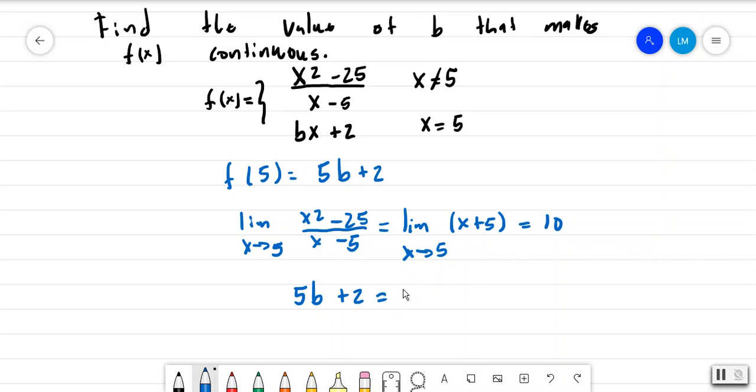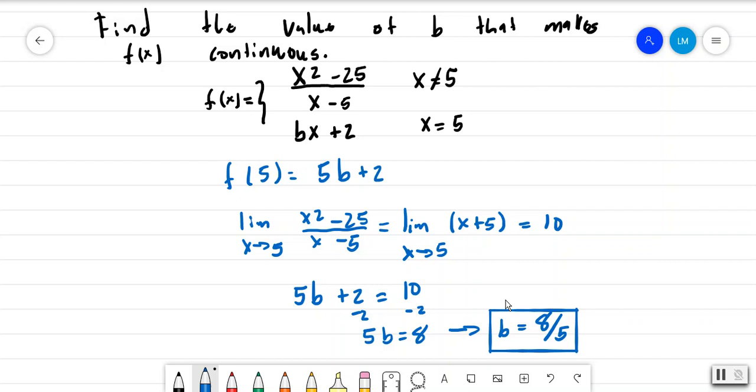When I solve for this, if I subtract 2 from both sides, I see that 5b equals 8. That tells me that b is equal to 8 fifths.